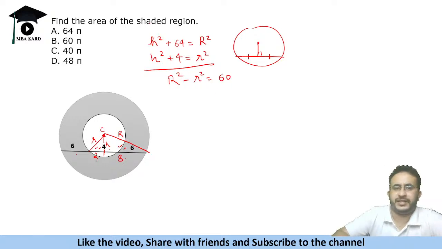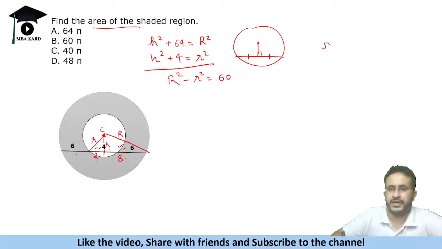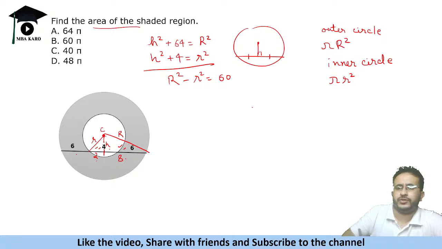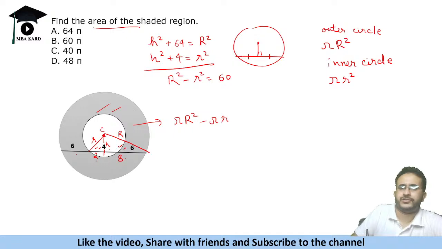Now, what is the area of this shaded region? So area of outer circle is pi R square, and inner circle, the area is pi small r square. So area of this shaded region is pi R square minus pi r square.